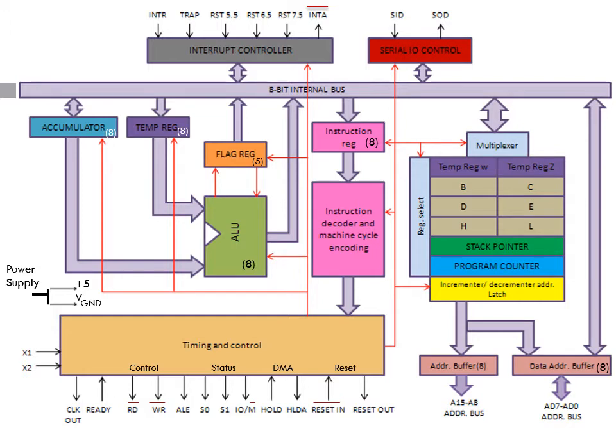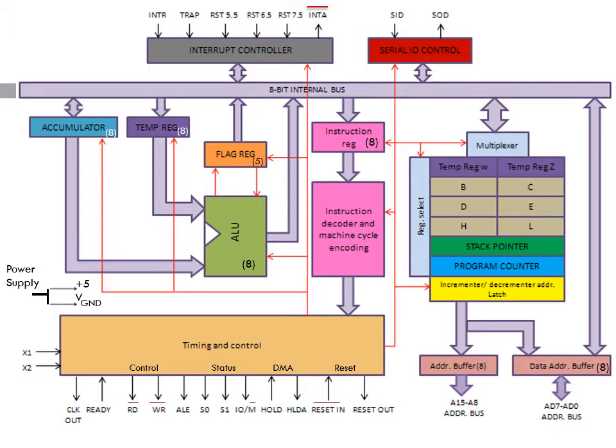It is actually 8-bit, but out of these 8 bits, you are using 5 bits. So the flag register is of size 5 bits. You are having the instruction register to which the instruction is being brought, and using the instruction decoder you are going to decode the instruction.